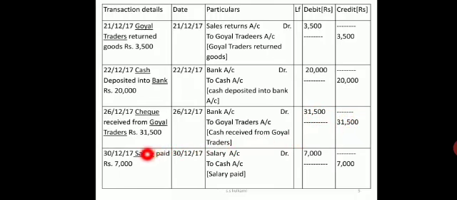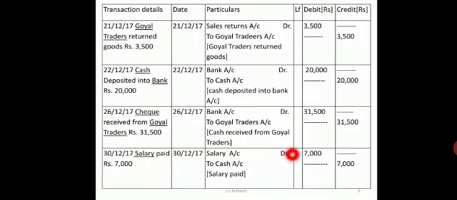Next, on 30th, we are having salary paid. Now, when salary is paid, salary is an expense. All expenses and incomes are always received or paid in cash. Therefore, salary is one account, another account will always be cash account.